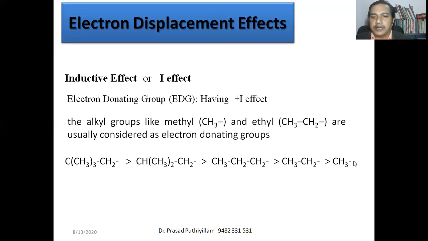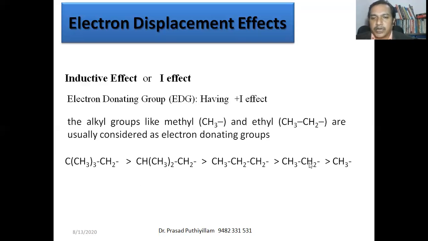Consider from the right side, the CH3 group, methyl group. If one hydrogen is replaced with CH3, it becomes an ethyl group. The ethyl group has more plus I effect than the methyl group. The propyl group has more plus I effect than the ethyl group, and further substitution gives more electron donating effect.